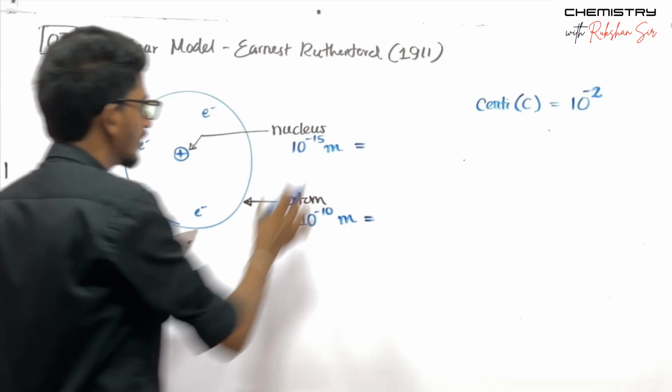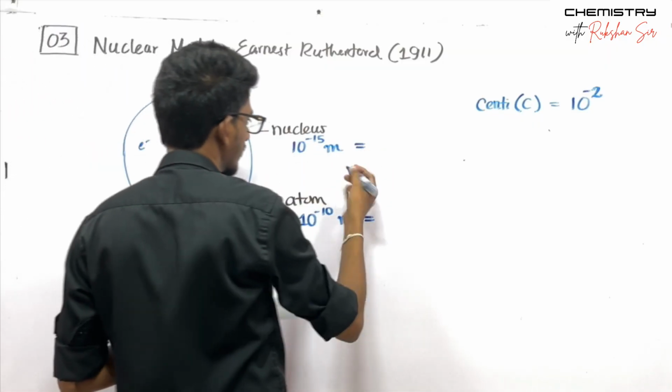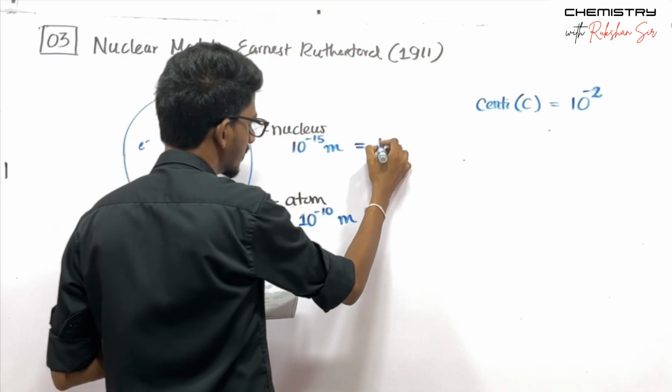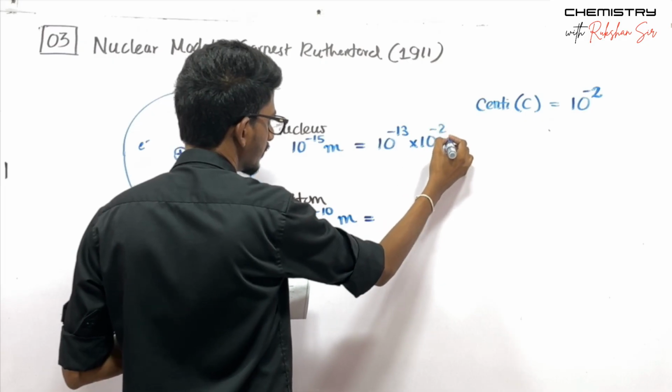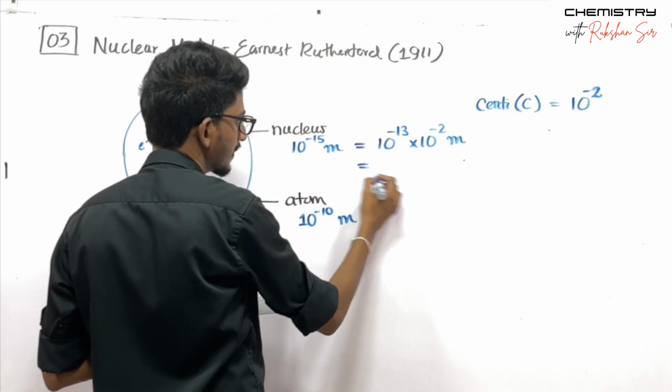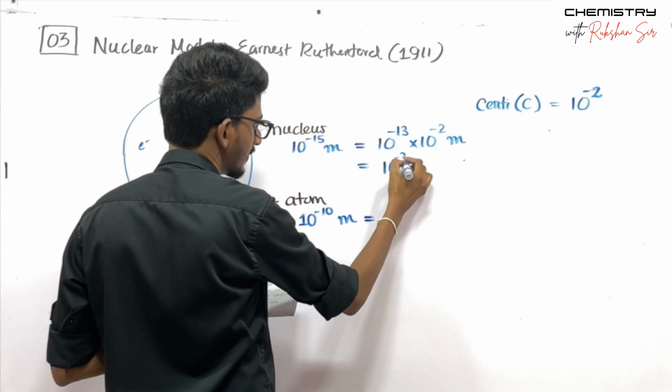So we can write this by taking 10 to the power minus 2 out, as 13 × 10^-2 meters. So this is 10 to the power minus 3, this is centimeters.